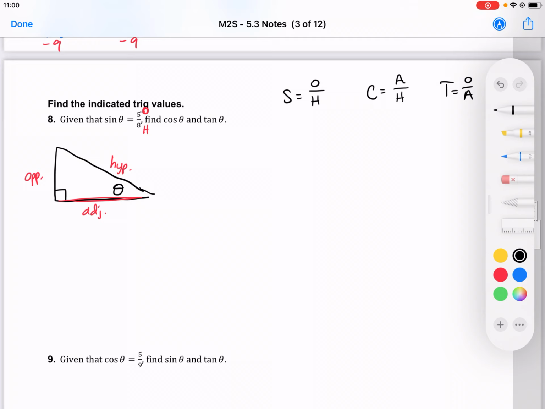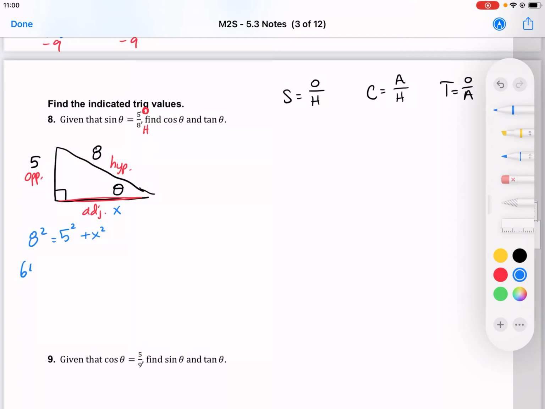So this side is 5, and the hypotenuse is 8. Now let's use Pythagorean theorem to find it. You always start with the hypotenuse, so 8 squared is equal to 5 squared, and then I'll call this other one x squared.